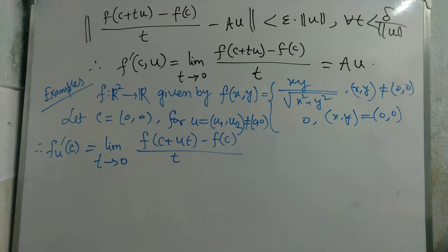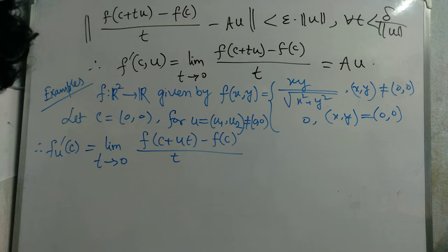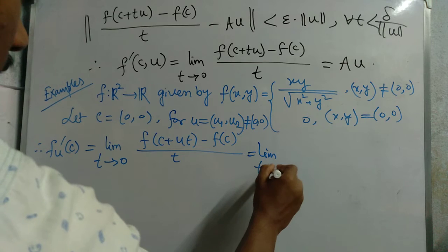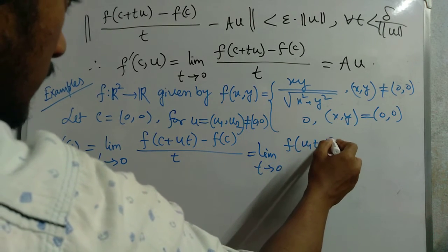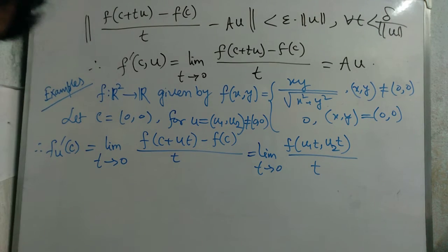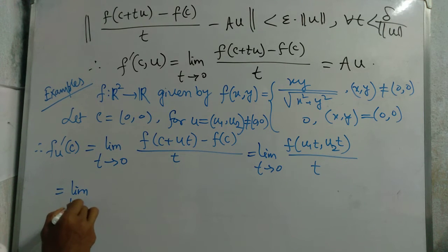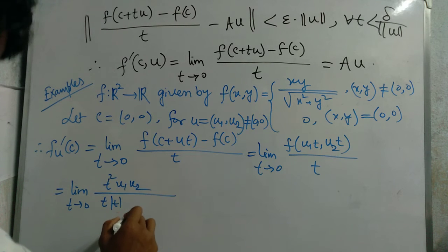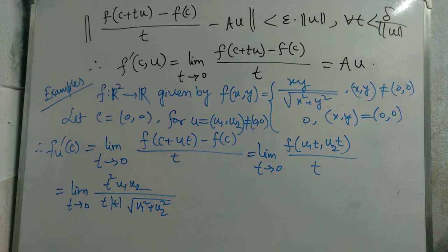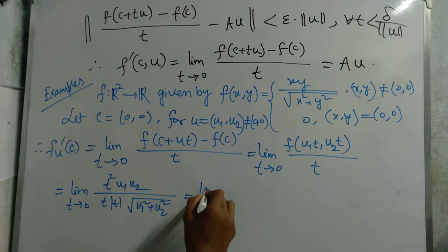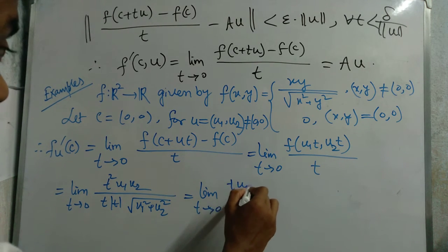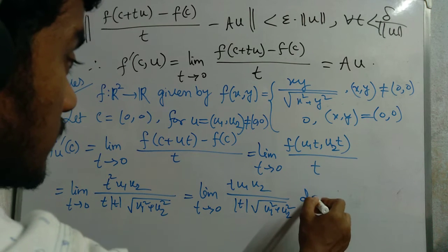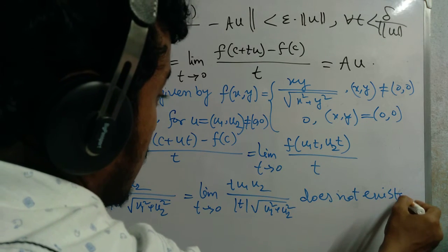Okay, then we write here: the limit as t tends to 0 of f(u1 t, u2 t) divided by t equals the limit as t tends to 0 of t squared u1 u2 divided by t, norm t, square root of u1 squared plus u2 squared, which equals the limit as t tends to 0 of t u1 u2 divided by norm t, square root of u1 squared plus u2 squared, and this does not exist.